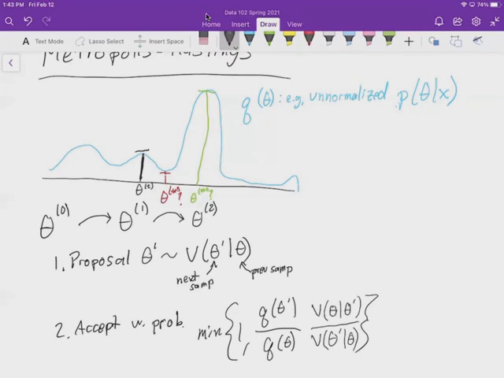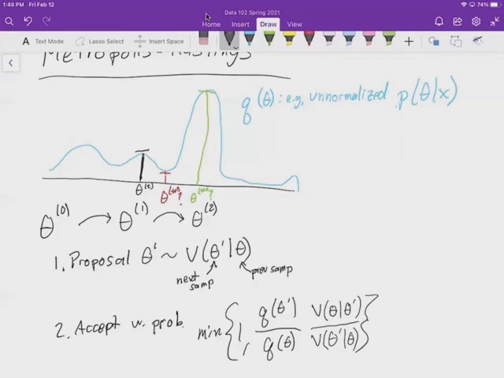The numerator says, what's the probability of getting theta given that you were at theta prime, the probability of coming back from that sample? And the denominator says, what's the probability of going there? If going there and coming back have the same probability, that term cancels out to 1, which for most proposal distributions it does, but we need to include it just in case.